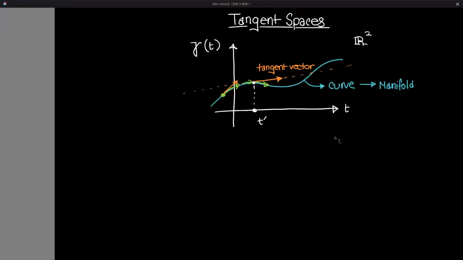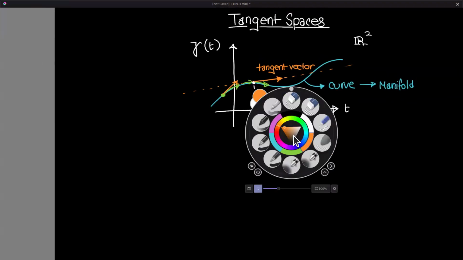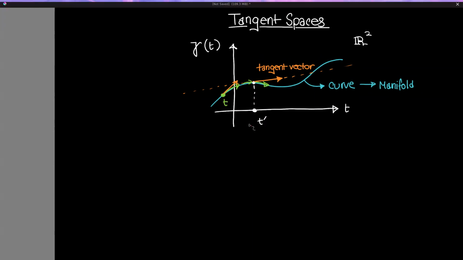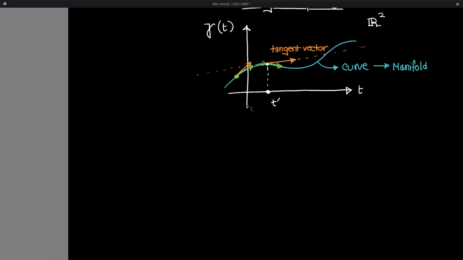So first of all, we need a parameter t such that as we move along the curve, we can use t to move along the curve. So what we want is something called a parameterized curve. And this diagram, to an extent, gives away how we're going to do that.